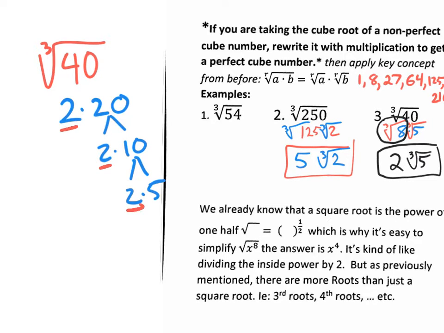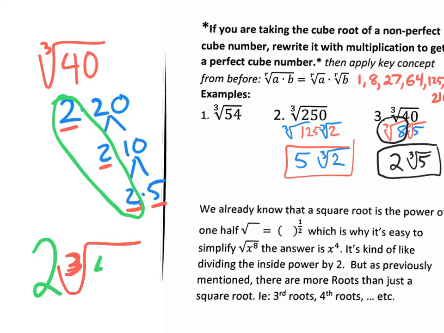We have a 2, a 2, a 2, and a 5. So the 3 means that you want things that repeat 3 times. That way you could pull it out. So here's the cube root, and we're pulling out the 2 that repeated 3 times. 2 on the outside, and the 5 stays on the inside. If it were the fourth root, it'd be repeating 4 times that you want to pull out. Good.